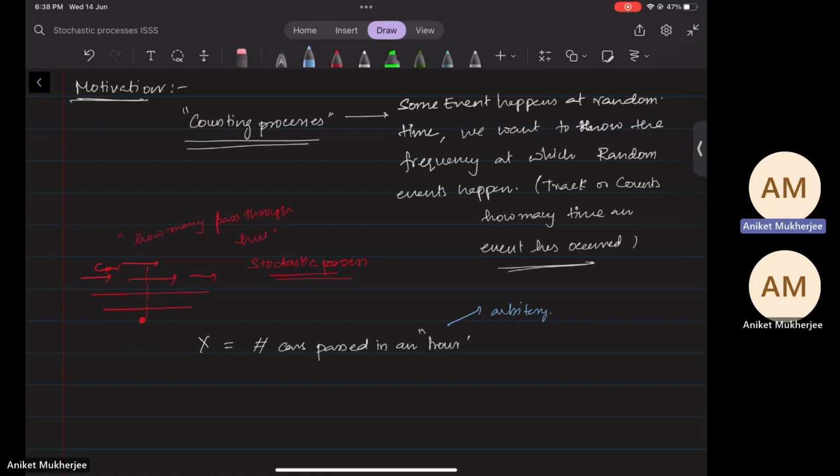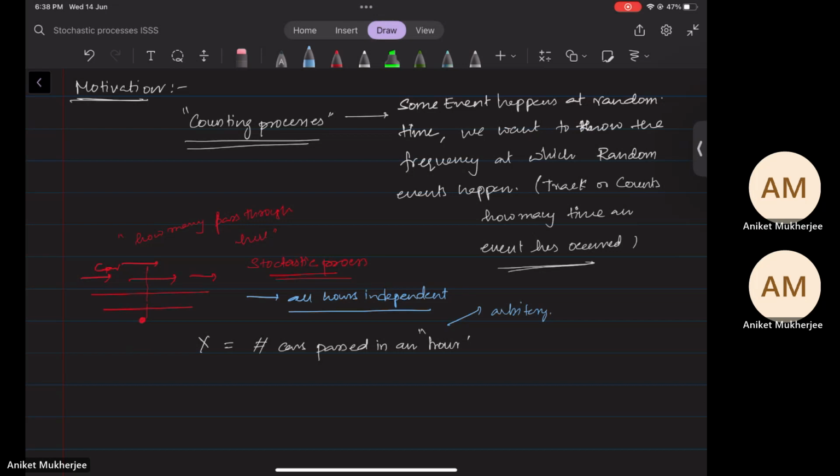What you do is you sit down and you take an assumption that all hours are independent. If I watch 1 hour, the numbers of cars are IIDs.